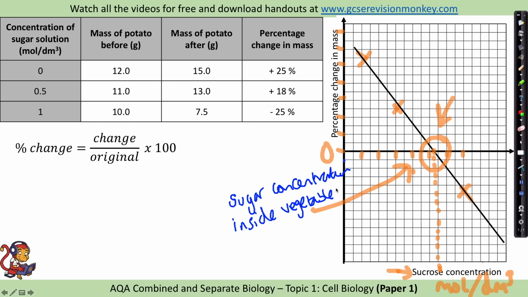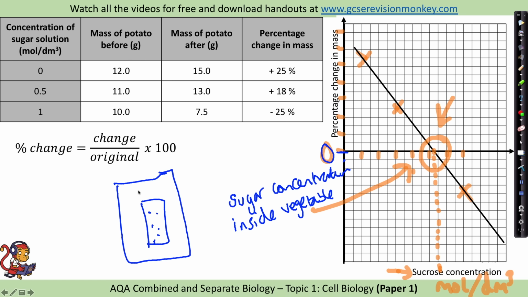Why? Well, because at this point here there is a 0 percentage change in mass, so there's no change in mass. So what this means is if you have your potato or your vegetable inside your beaker with your sugar solution, it must mean for there to be no change in mass that the solution outside equals the sugar solution inside.